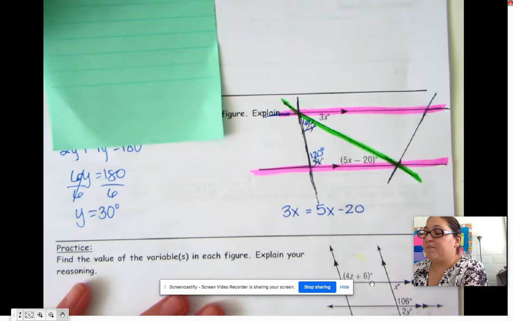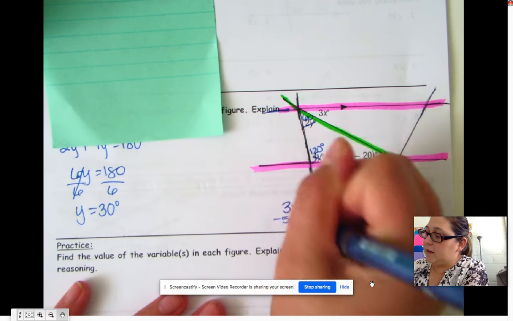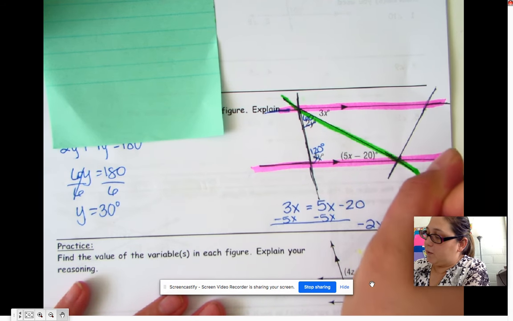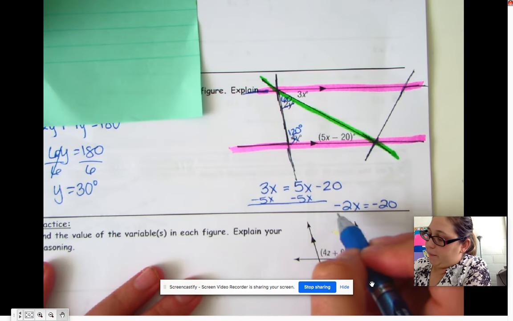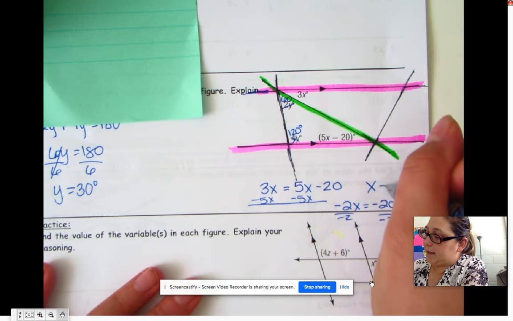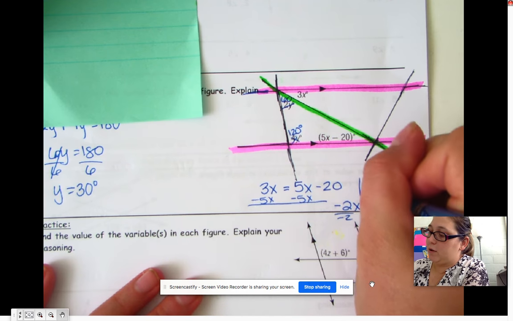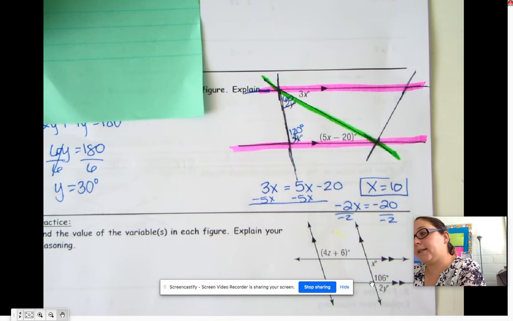If I subtract 5x from both sides, I get negative 2x equals negative 20. Divide both sides by negative 2. In this case, x is 10 because negative 20 divided by negative 2 is 10.